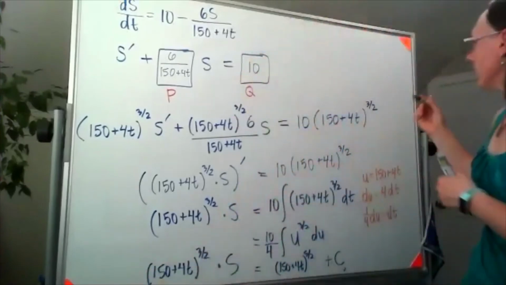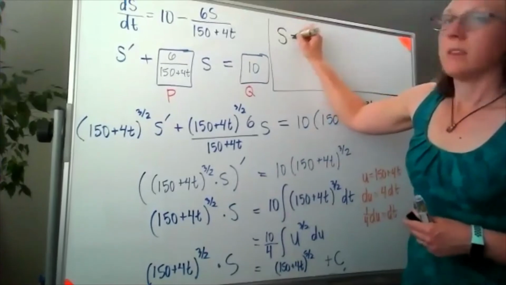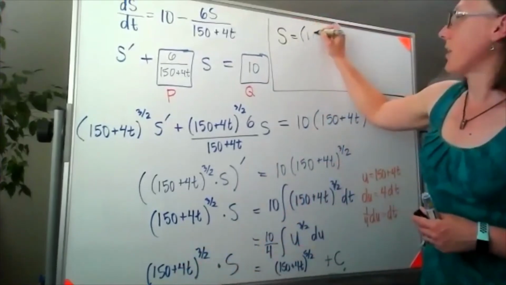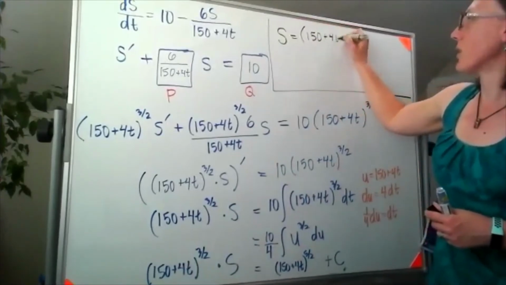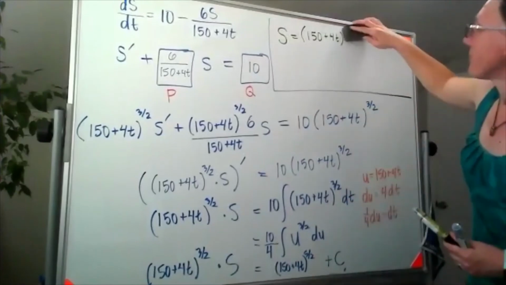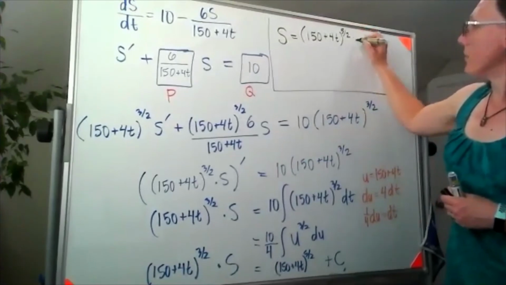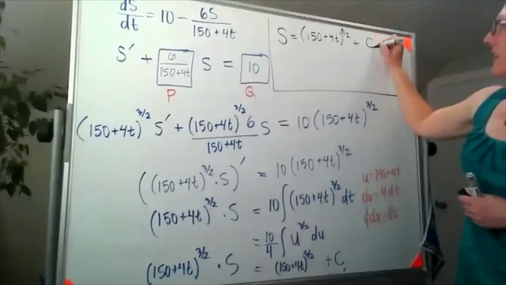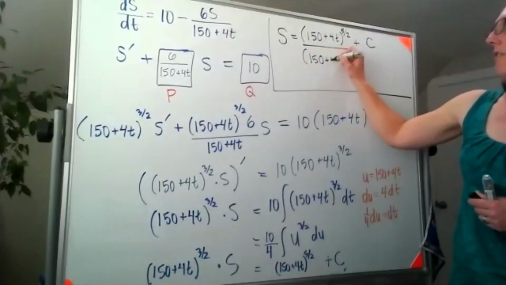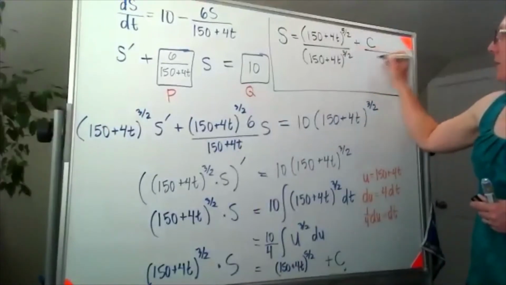So getting that s all by itself would look like the 150 plus 4t to the 5 halves power plus c, and then each of those terms would be divided by the 150 plus 4t to the 3 halves power.